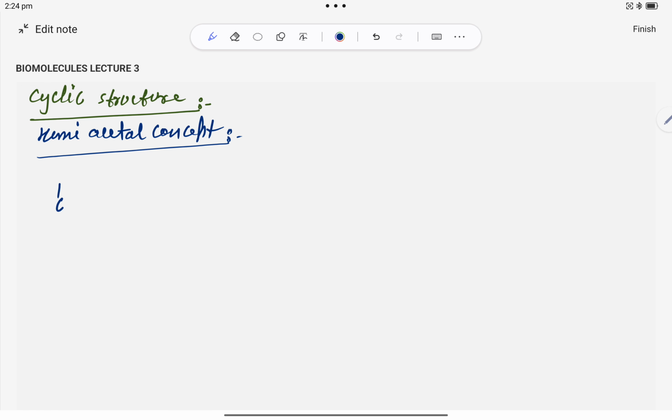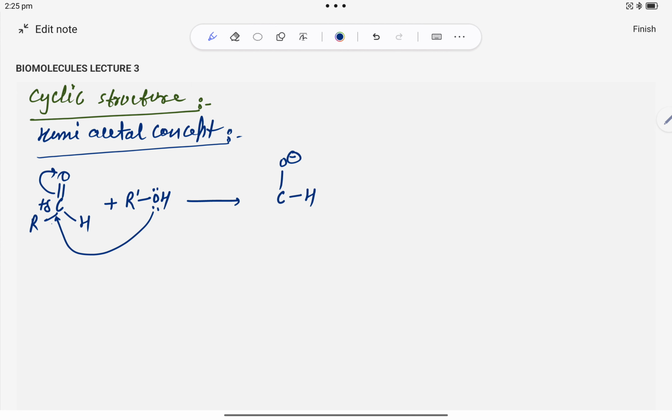So this is your carbonyl group. Here R and here H is attached. If it is reacting with alcohol, so what happened, children? Here the lone pair and here this carbon positive center. So the lone pair attaches with this carbon and pi electrons shift onto the oxygen. In that case, oxygen is getting negative charge, hydrogen is attached, and R is attached, and the remaining species, oxygen, hydrogen, and R dash also will be attached.